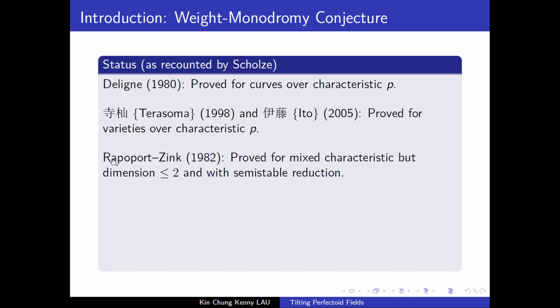And then Rapoport and Zink, just 2 years after, proved it for mixed characteristic, but the dimension has to be at most 2, so a curve or a surface, and it needs to have what is called semi-stable reduction. So there's a condition for what happens when you reduce to characteristic p.